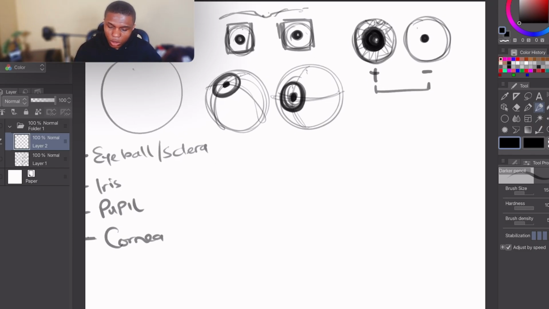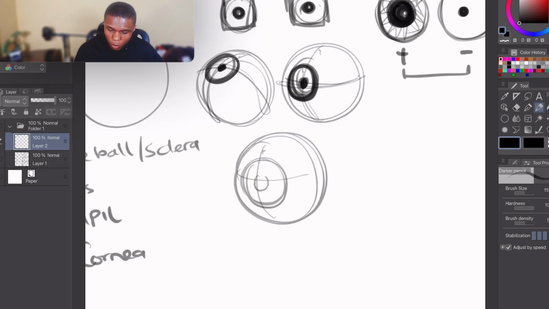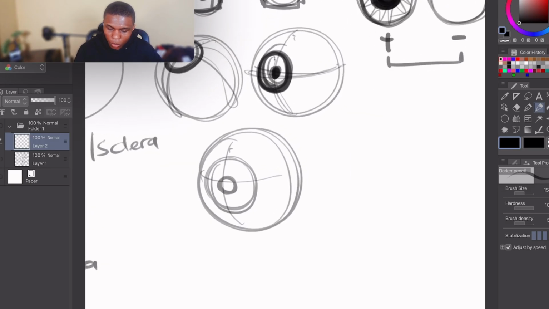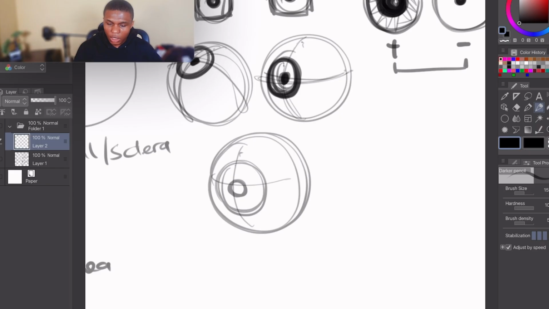So when you see your eyeball, your sclera, and then you see your iris, and then you see your pupil, the cornea is actually here, but it's invisible. But how you know it's there is because of the light information.